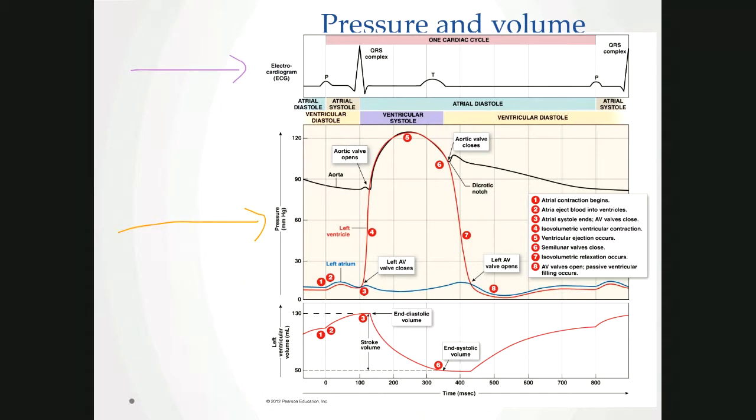Now, question was, when is the most blood in the ventricle? The most blood in the ventricle is when the ventricle is resting and passively filling, and then the atria finishes its systolic period, and the ventricle is still in diastole and accepts a little bit more blood from the atria. So the most blood in the ventricle that you will see is over here at the end of the diastolic period for the ventricle. Okay?